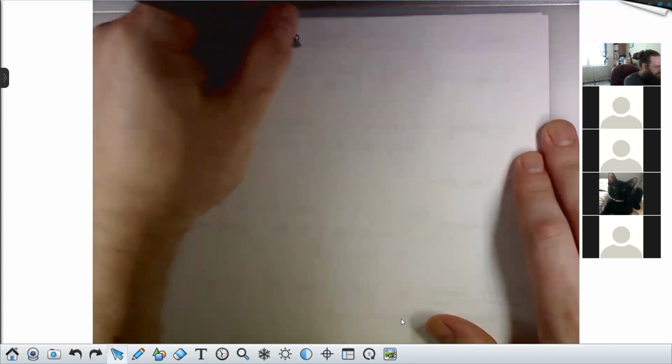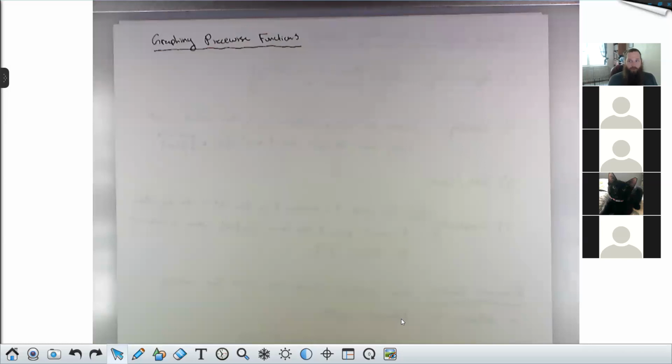I am assuming that everybody here, if I gave you just an arbitrary function, could make a table, right? An XY table and plot those points. That's not exciting. One of the big goals for us in this class is to get to a place where we can graph most functions quickly, based on pieces that we know, geometry, stuff like that.